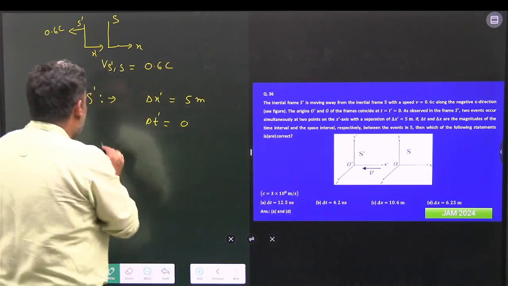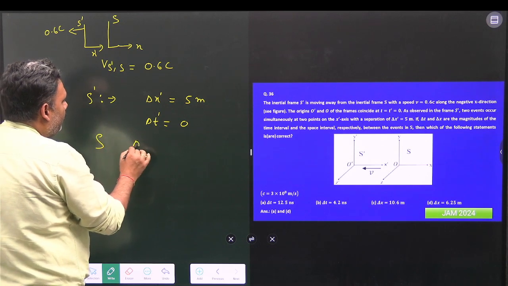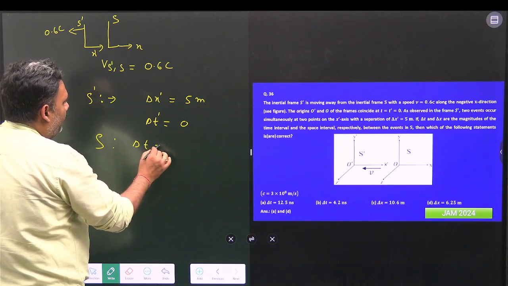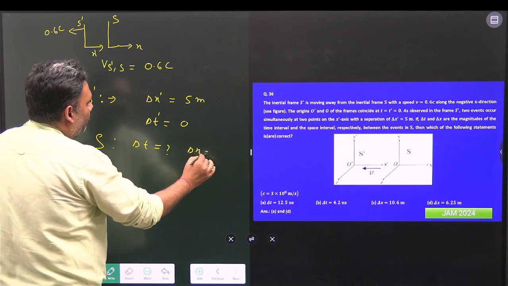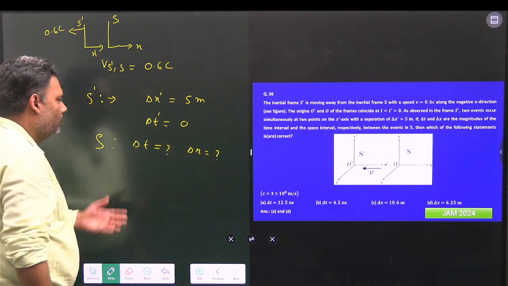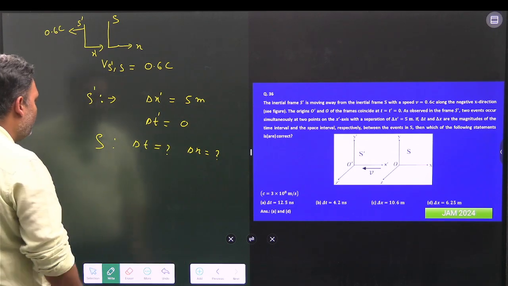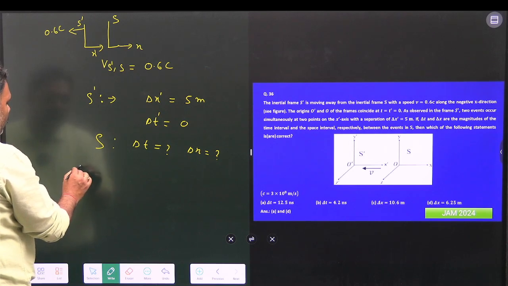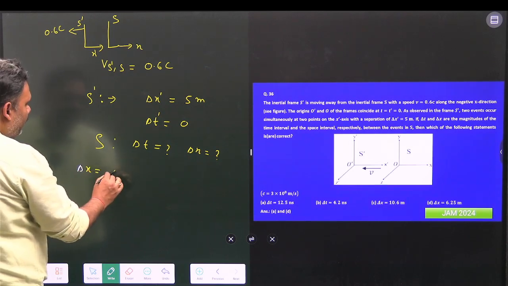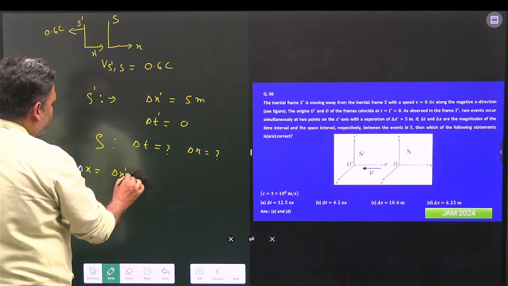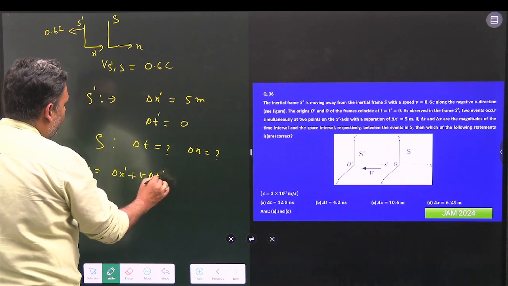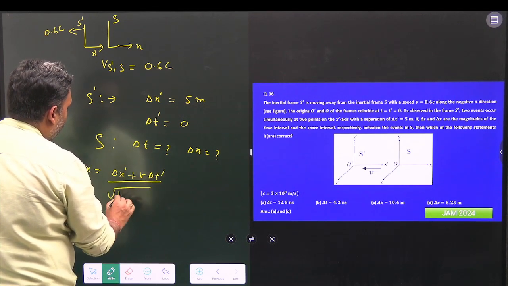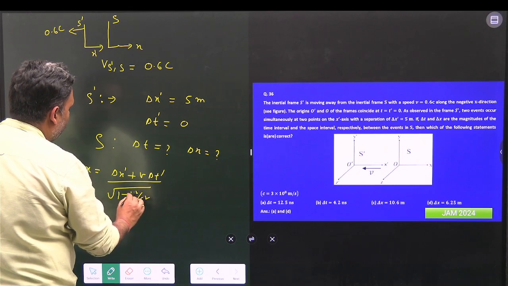So what will be delta t and delta x with respect to the S frame? We just have to go for the Lorentz transformation. Delta x is equal to delta x dash plus v delta t dash, upon root under 1 minus v square upon c square.